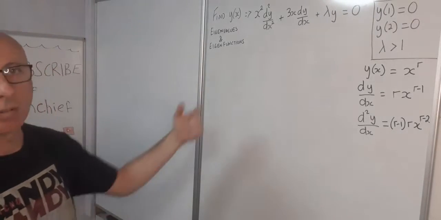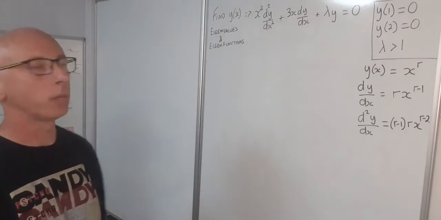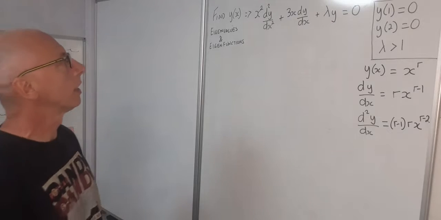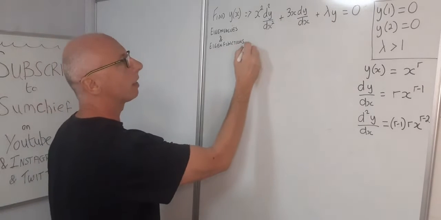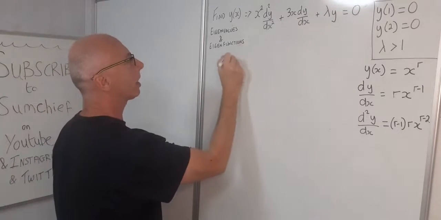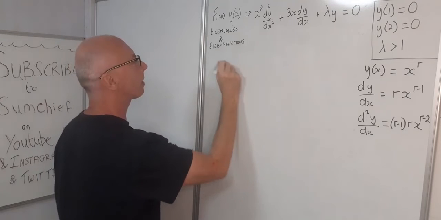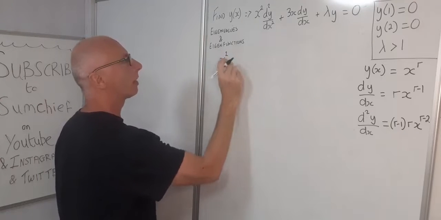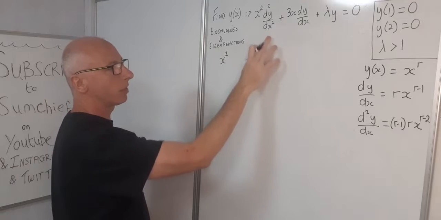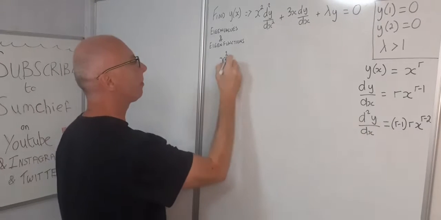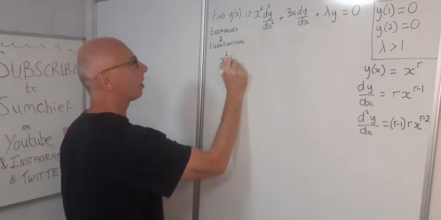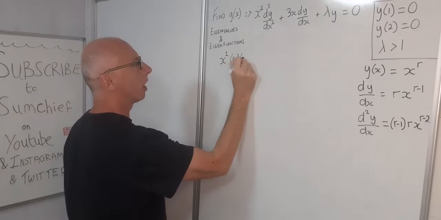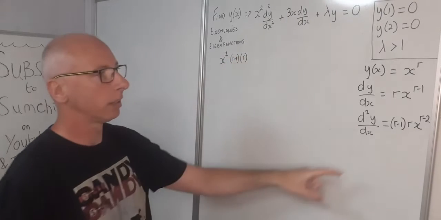Okay, now we're ready to plug this into our equation. So let's start over here, give ourselves a bit of space. x squared, now the second derivative, so we've got r minus 1, and I'm going to put the r in brackets as well.